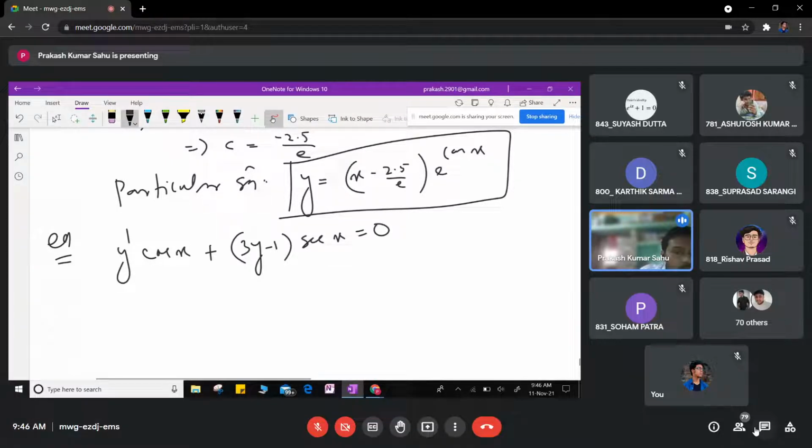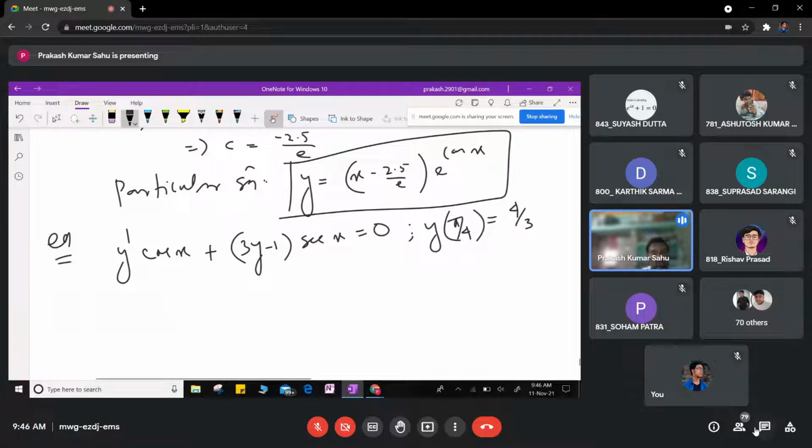That is, y dash into cos x plus (3y minus 1) into sec x is equal to 0, and y of pi by 4 is equal to 4 by 3. Okay, the initial condition is also given.